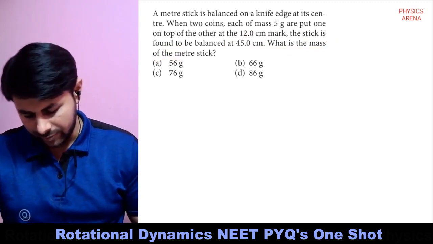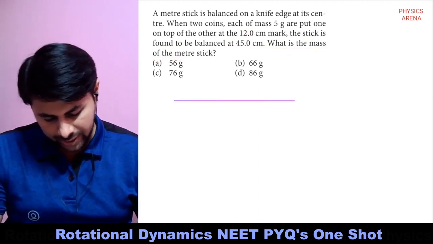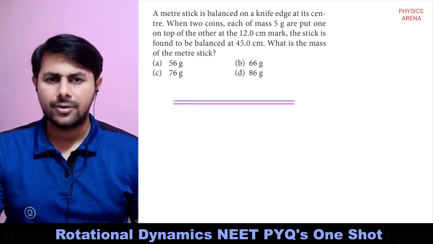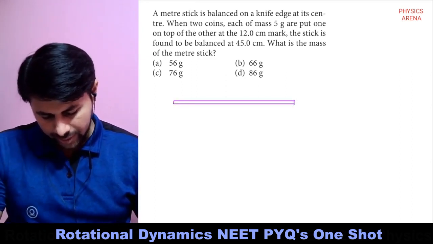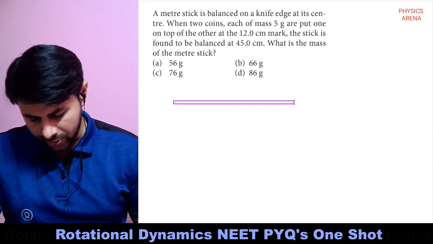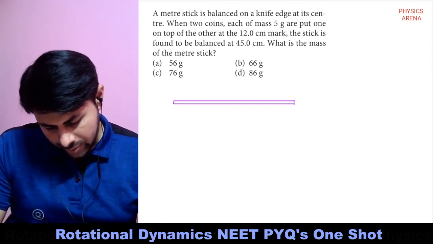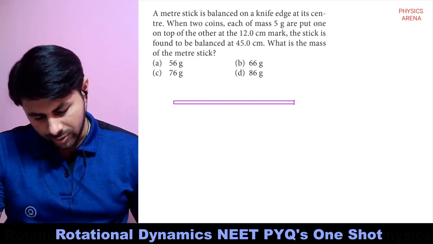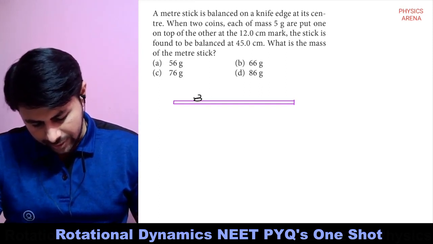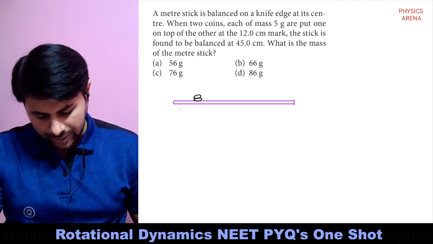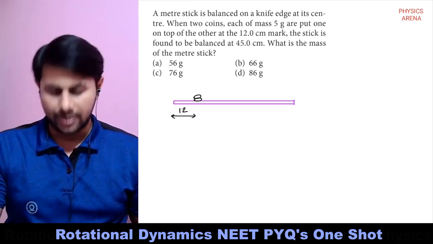Okay, so there is this meter stick, right? And what you are doing is you are keeping two coins one on top of the other like this. At what mark? This much distance is 12 centimeters.